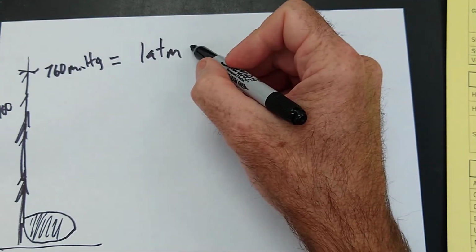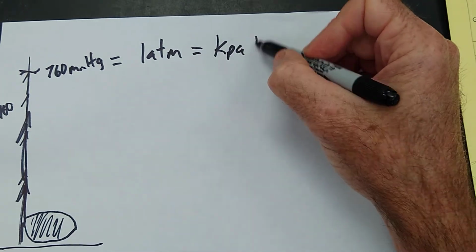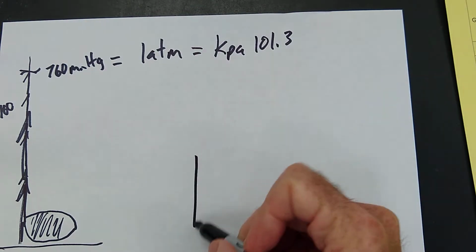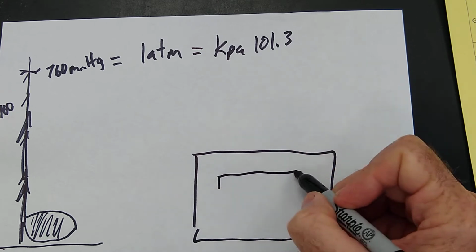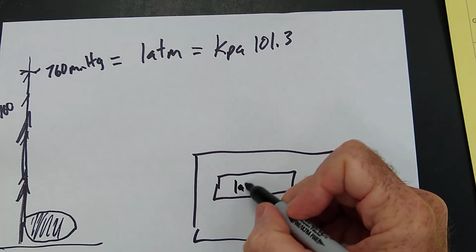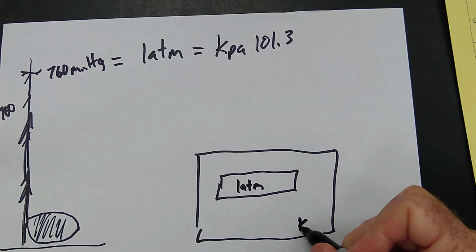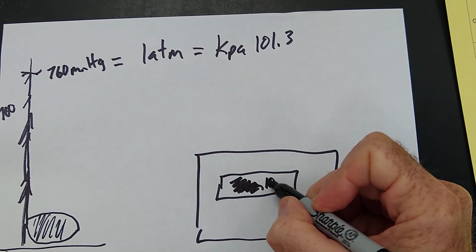Other units that we use are called kilopascals. Okay? And if we use kilopascals, that's 101.3. So if I had just a little computer in my hand and it was reading the pressure in the room and it said 1 atmosphere, I could hit a button right here and change it to kPa, and then it would just all of a sudden on the screen say 101.3.